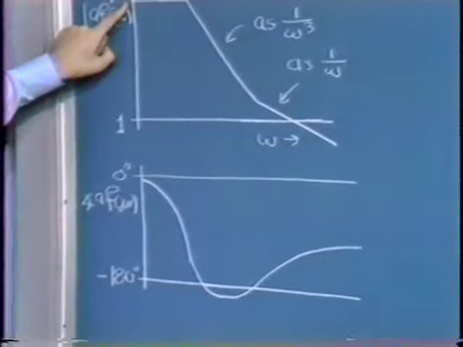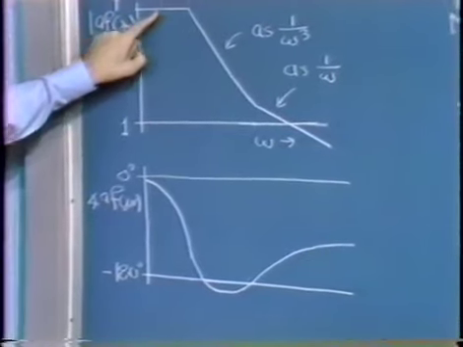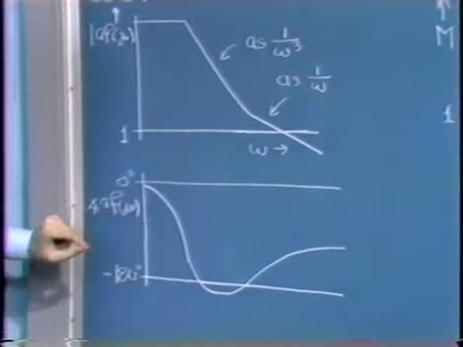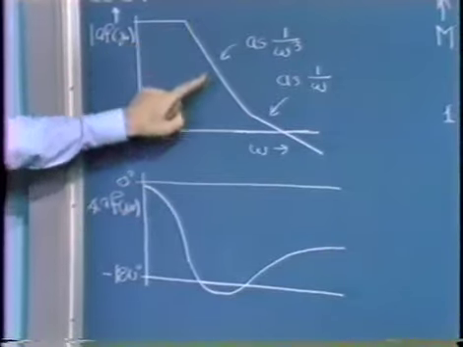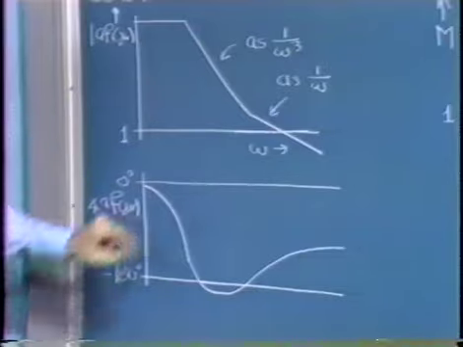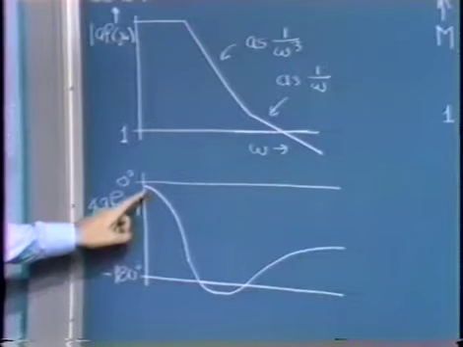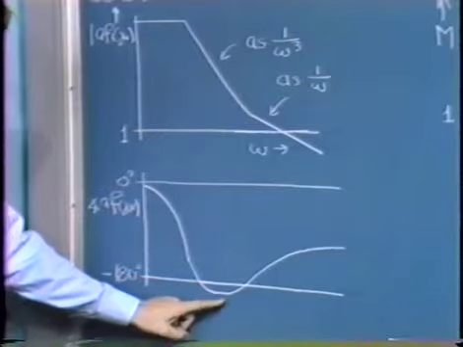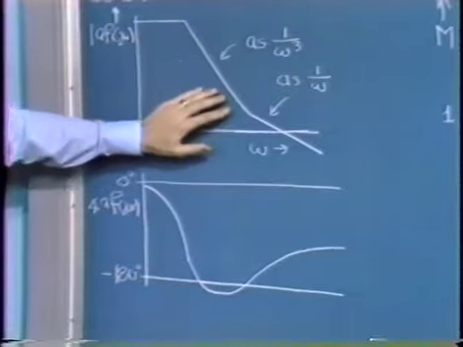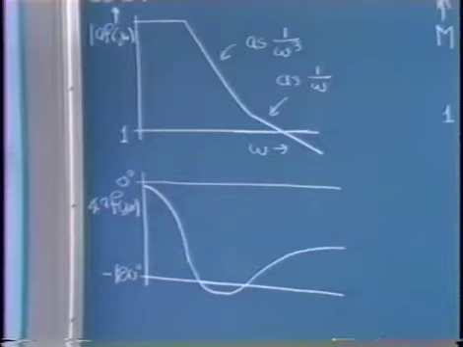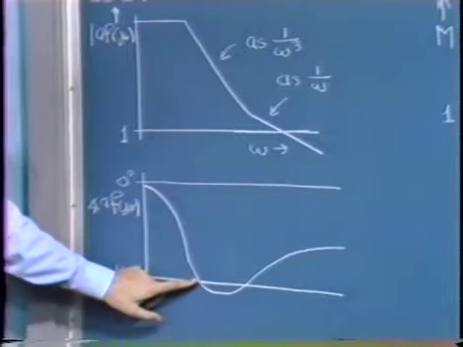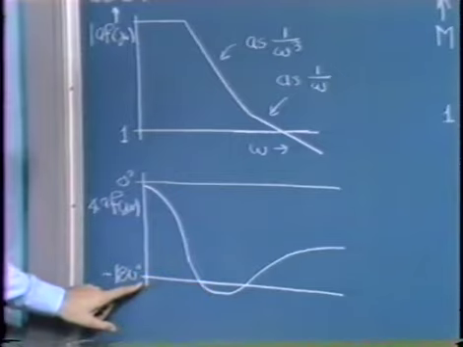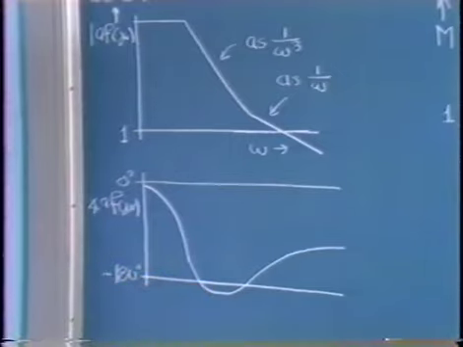At sufficiently low frequencies where the magnitude versus frequency curve is flat, the angle will be near 0 degrees. Providing the duration of the 1 over omega cubed region is sufficiently long, the angle is heading toward minus 270 degrees as a consequence of the 1 over s cubed roll-off. And providing that duration is long enough, the angle will become more negative than minus 180 degrees.